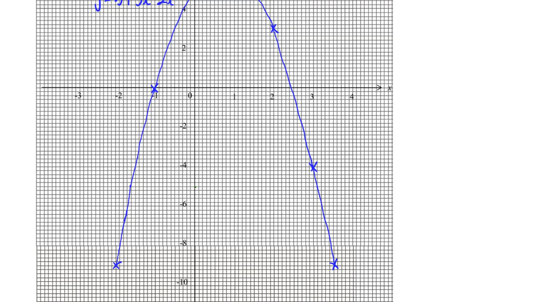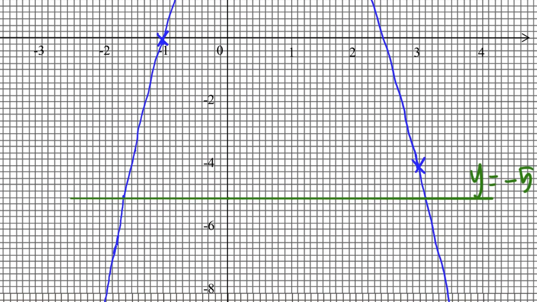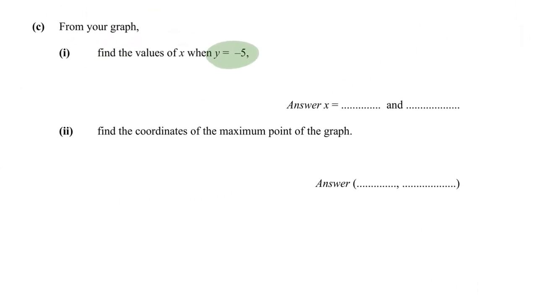And so I'm going to draw the line y equals -5, sorry. And from here, then we can get the answer from the graph by drawing this dotted line. And from here, I get 1, 2, 3, 4, 5, 6, -1.6. This is for my part C, part 1.